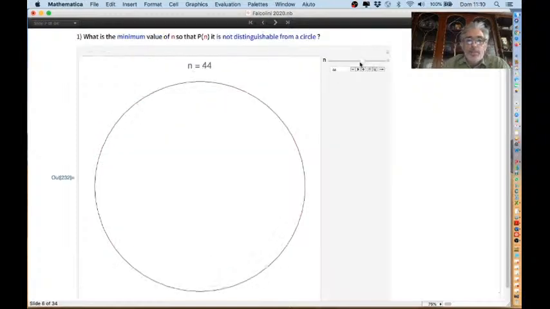If we go to 57, the polygon looks like a circle, it is almost indistinguishable, and this number is precise, the number that gives the approximation using measure on polygons of pi itself up to 3.14.